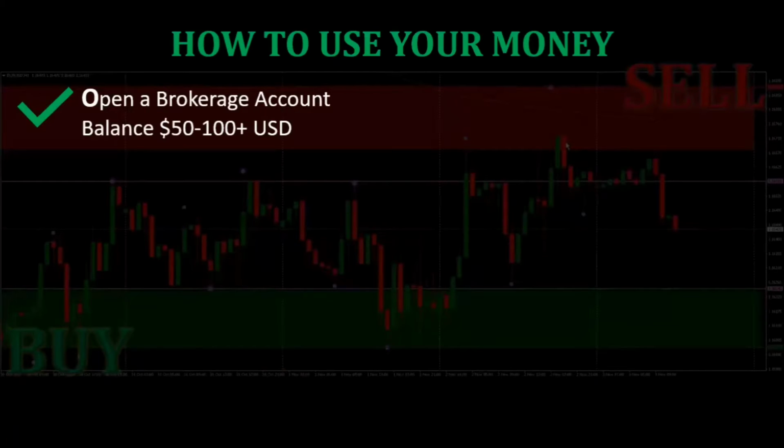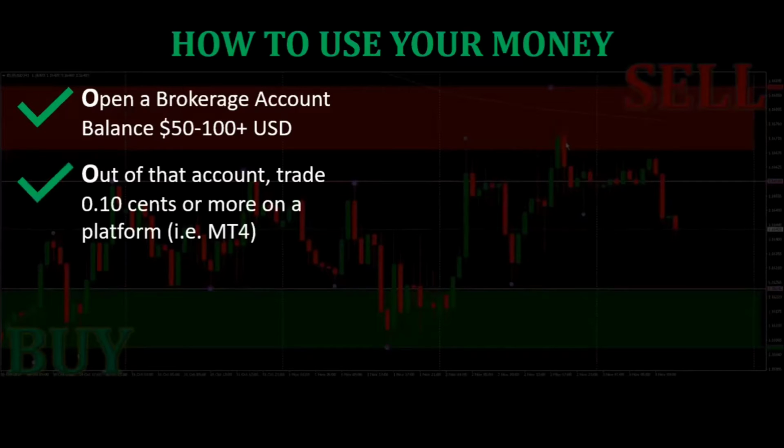The goal when you're looking to trade is to find a broker that would allow you to open up a brokerage account with a small amount of money, maybe $50, $100, let you go into the foreign exchange market, and you go onto a software called Metatrader 4, and then you begin trading. You want to get some profits, and then you want to get out of the foreign exchange market, transfer your profits to your bank account, and go on with your day. All right, and that's the beautiful thing about this.